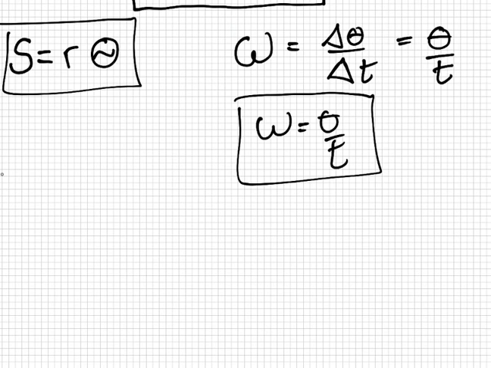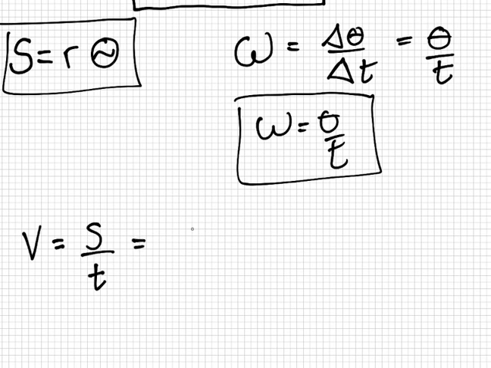Right, so we can put these 2 together now. Well, we can combine stuff together. What is the formula for speed? Just back from lesson week 1. Distance over time. So what letter am I using for distance? S. And time? T. But we have a formula, don't we, for S?